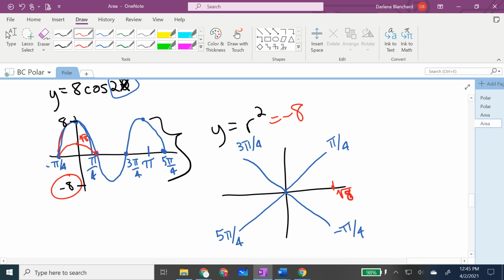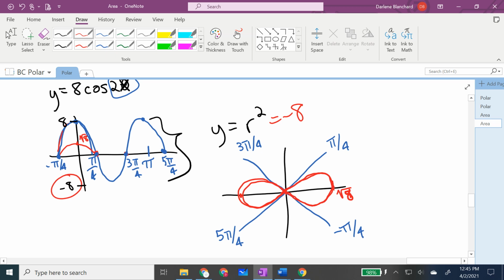But I created a loop as I travel from negative pi over 4 back to pi over 4. Then I do not graph until I reach 3 pi over 4 and I do it again. It's supposed to be symmetrical. Then I don't graph, and then I do it again. There's a plus or minus issue involved as well, but all that's going to do is draw this same exact graph.